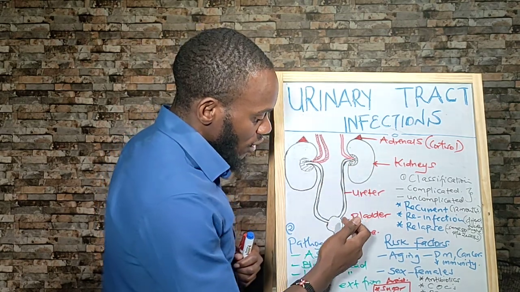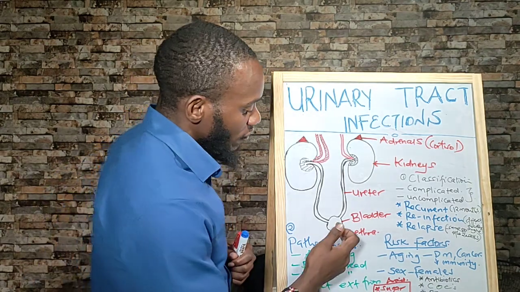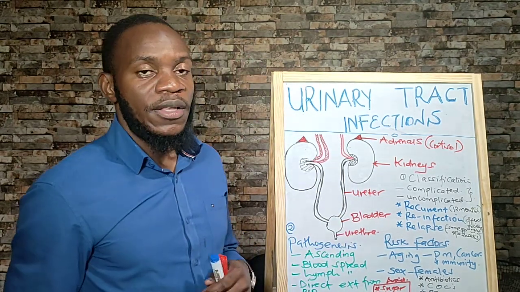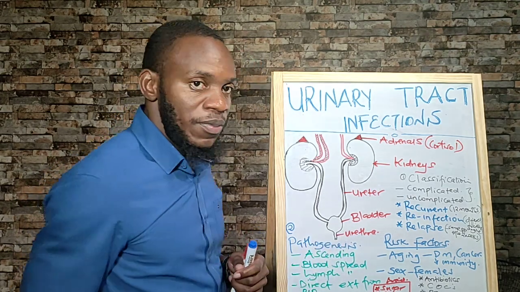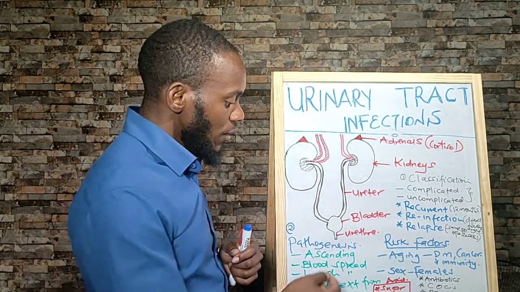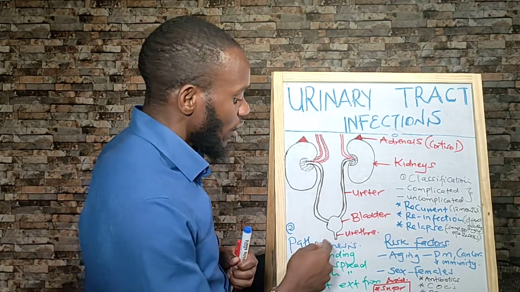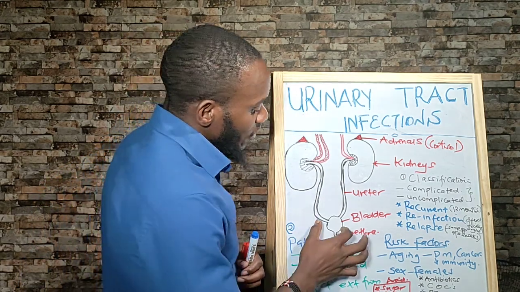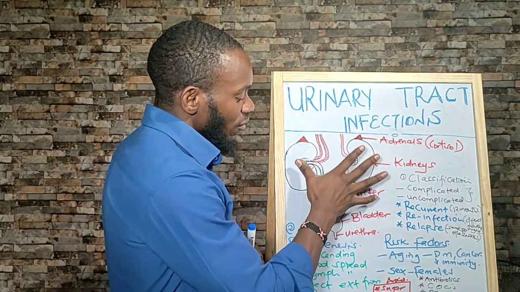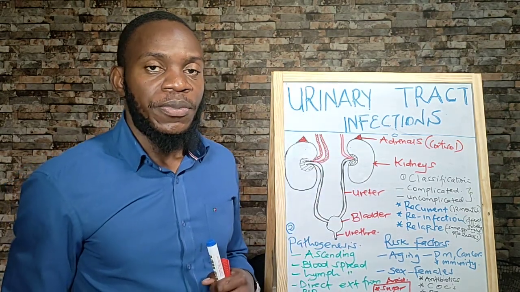These two tubes that bring content from the kidneys to the bladder are called the ureters. Then we have the bladder, which stores the urine before you dispatch it away. Once this bladder is full, there are reflexes that give you the micturition demand so that you go and urinate.